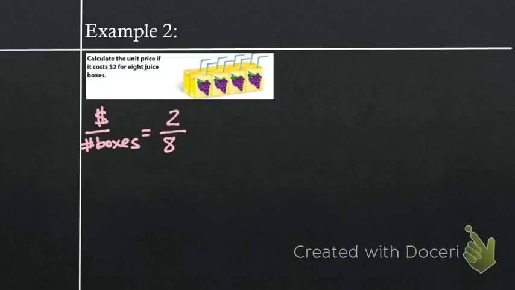We know that the bar means to divide. So our top number goes inside and our 8 goes on the outside. 8 cannot go into 2, so I'm going to put in my 0 placeholder. It goes into 20 twice.